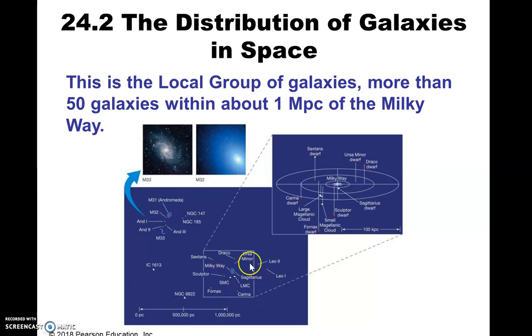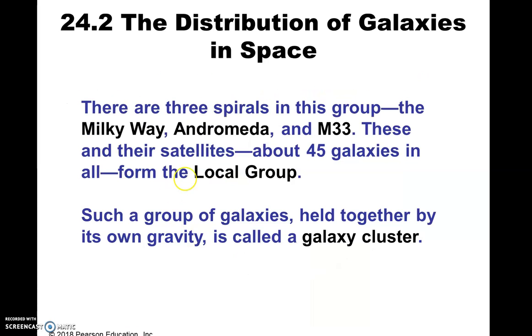And so there's actually just 3 large galaxies here. The 3, of course, are Andromeda, which is actually larger than the Milky Way, about twice as large, the Milky Way galaxy, and of course M31.